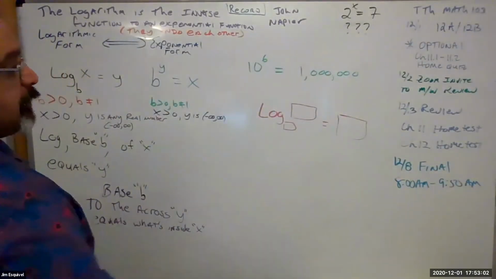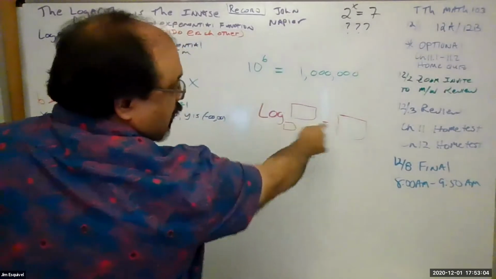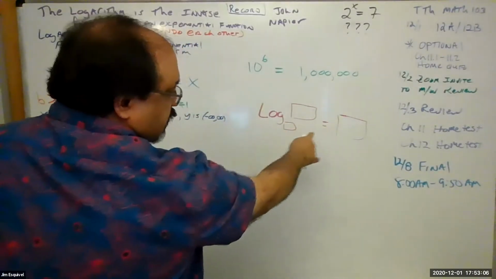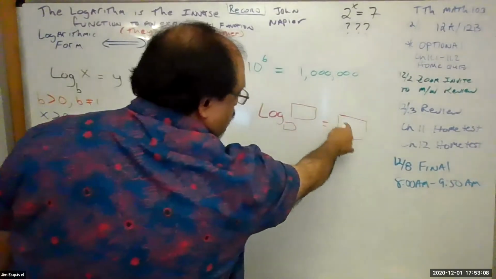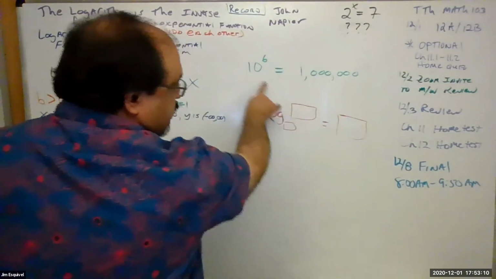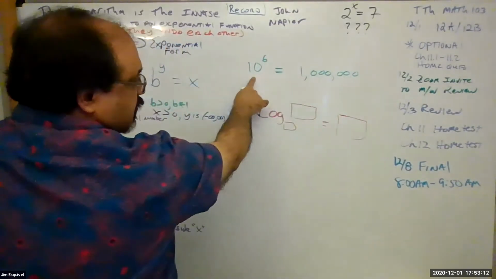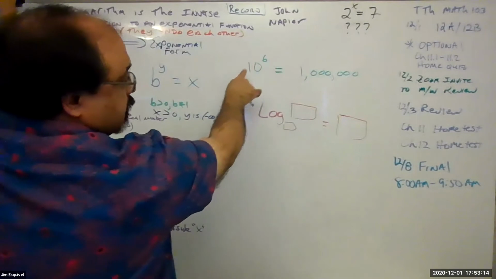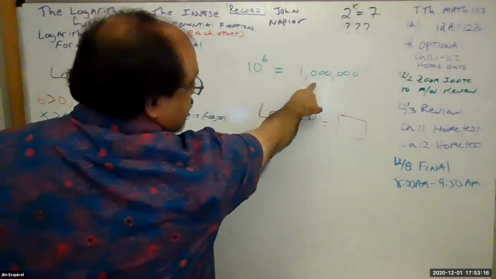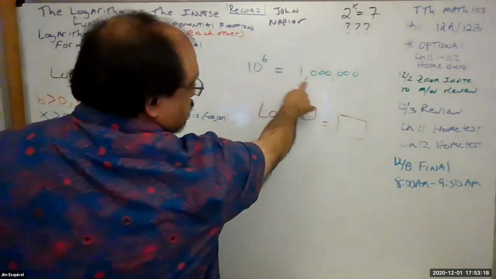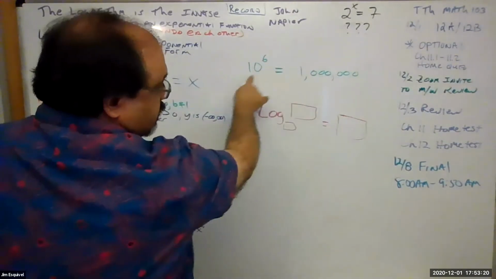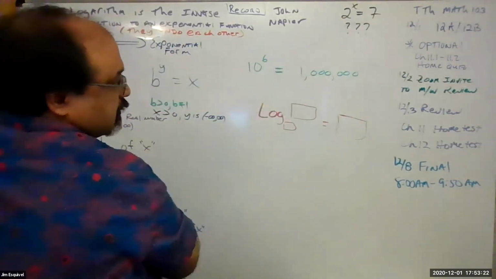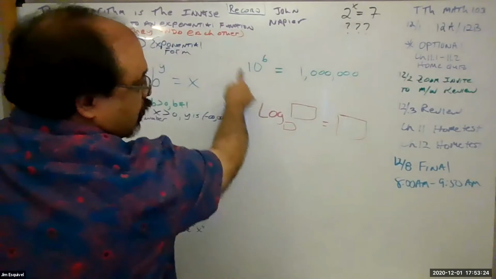So remember what happened. Somebody took my logarithm form, did base to the across equals what's inside, and got this. So we're staring at base to the across equals the inside. So for my logarithm, what's the base?